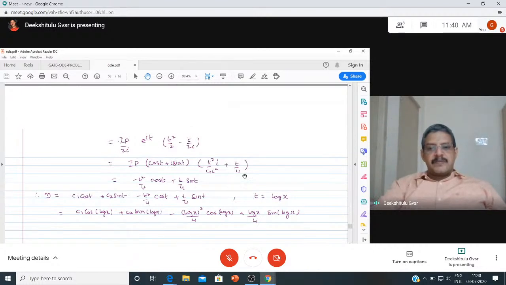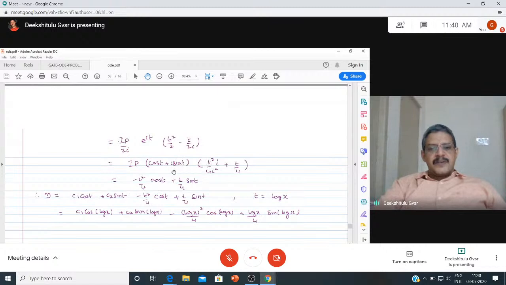So minus of minus becomes plus 4. Imaginary part of this: multiply and see the imaginary part. Cos t, the real part, into the imaginary part here gives minus t square by 4 cos t.